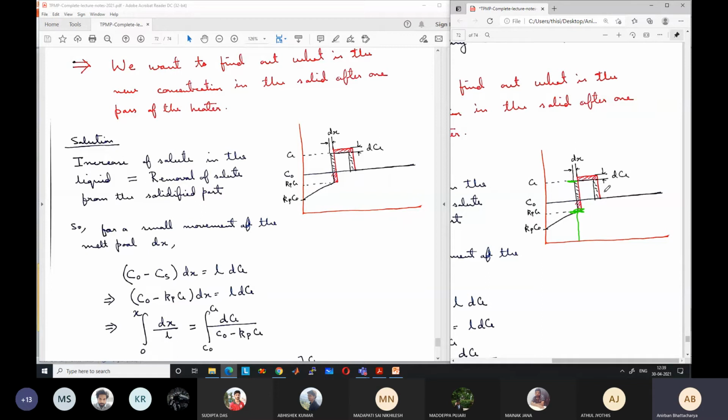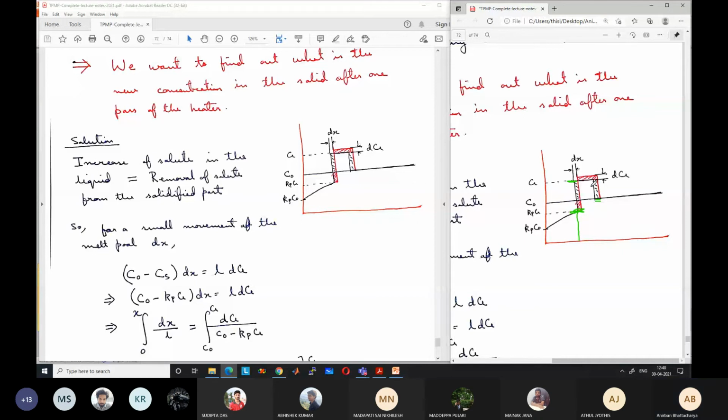Now when the liquid is melting, it is also melting on the other side. Here it is solidifying, but it is melting by dx length on the other side. Here the initial solid concentration was C0. Now the concentration has increased to say Cl, ignoring that dCl is very small. So some amount of extra concentration has to come here.